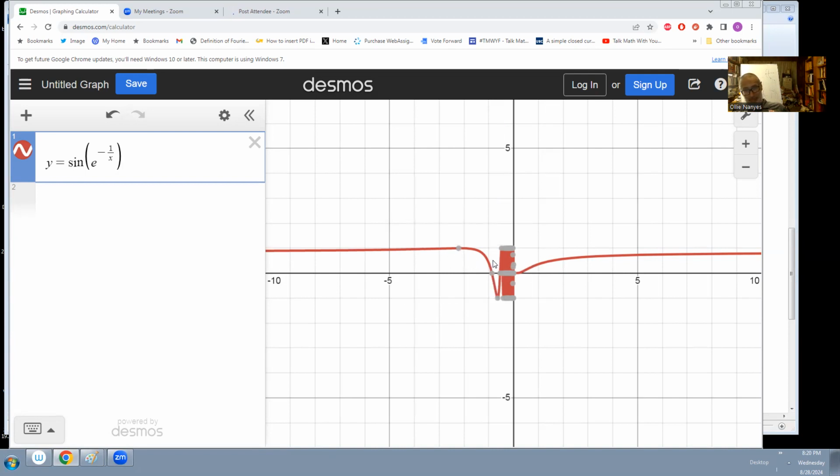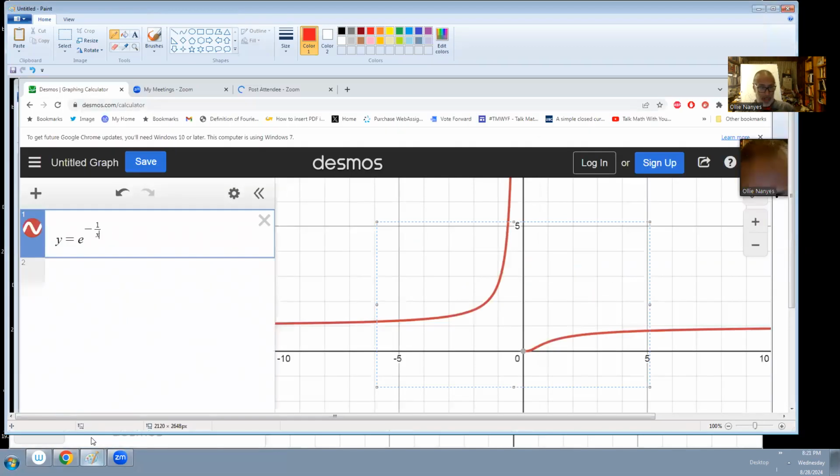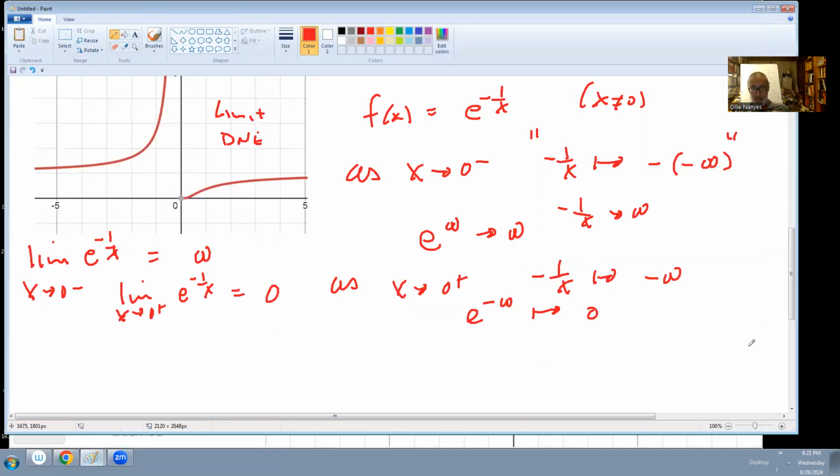Notice how this oscillates on the left side, then goes to 0 on the right side. So let's make another picture here. Let's do this one. And this particular example, lovely example, we'll study this just a little bit.